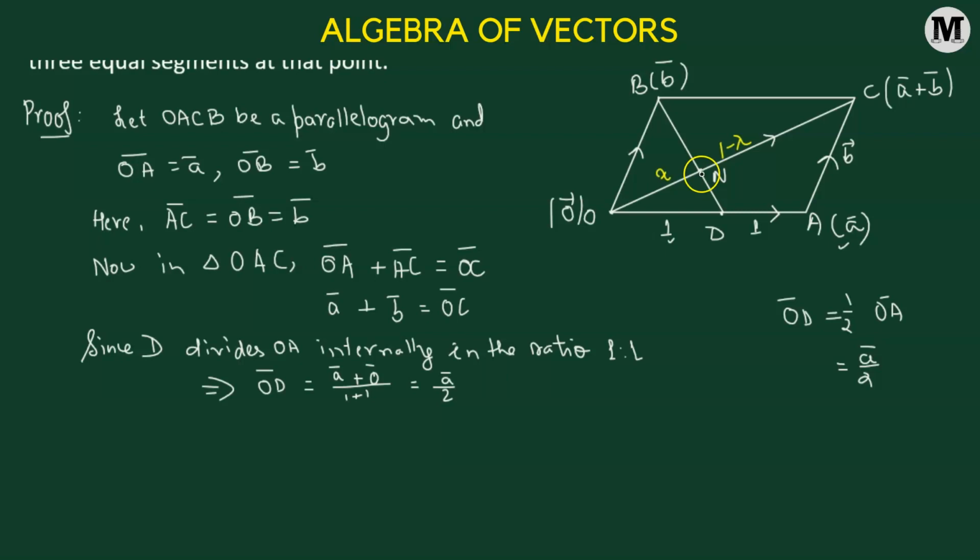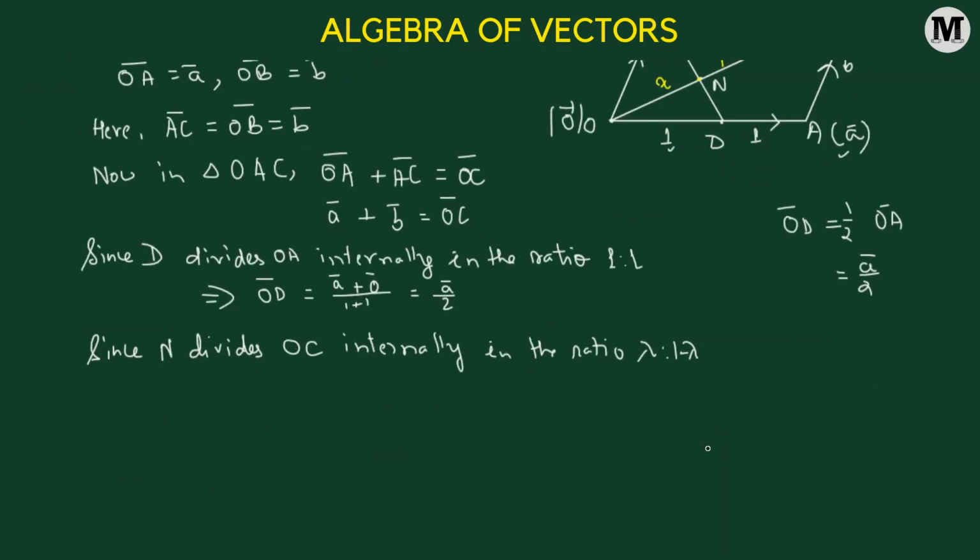So here we'll be applying the section formula to obtain the position vector of this particular point N. Since the point N is dividing OC internally, this time it's dividing it in the ratio lambda is to 1 minus lambda.